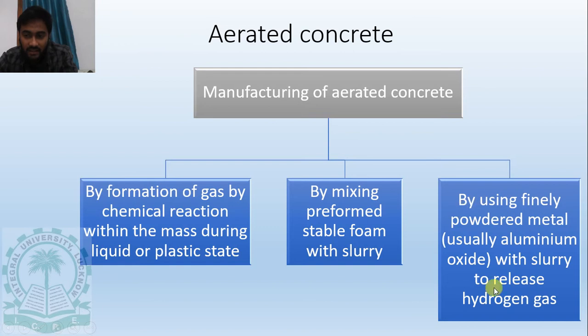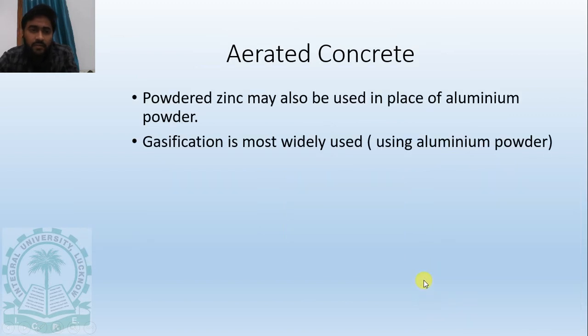Okay, and the third method is most widely used. It is also known as the gasification method. In place of aluminum we can use zinc also. So as I told you, gasification is the most widely used method, in which aluminum powder is used.